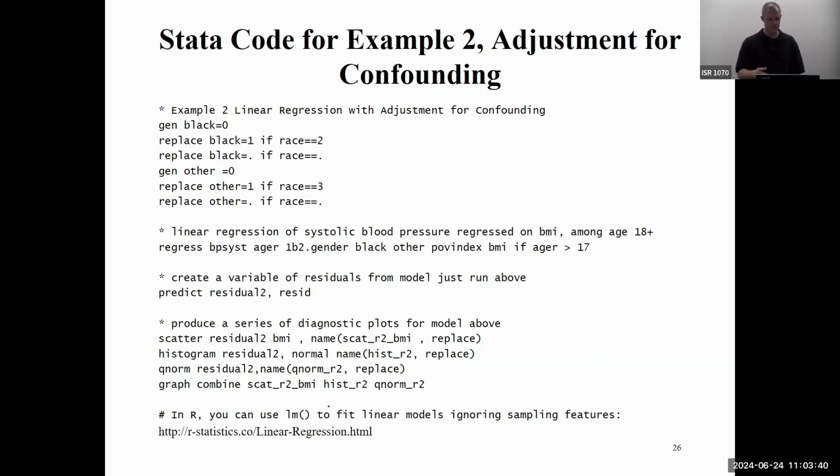Okay, and that gives me my plots. I've included a link here for those of you using R, where you can walk through basically all the same steps, including diagnostic plots, using the LM function in the base R software to fit these linear regression models. So take a look at that web link, and it's a simple walkthrough, kind of like we're doing here with dummy variables and so forth.